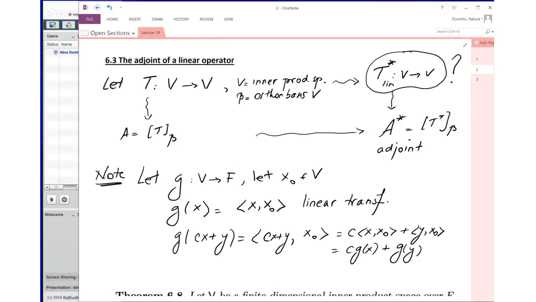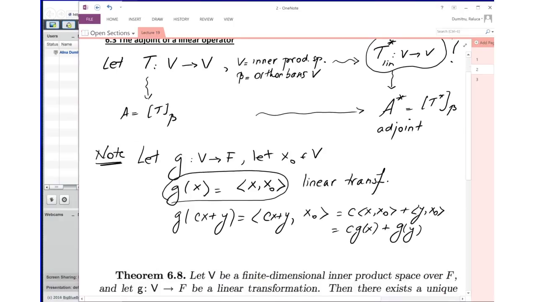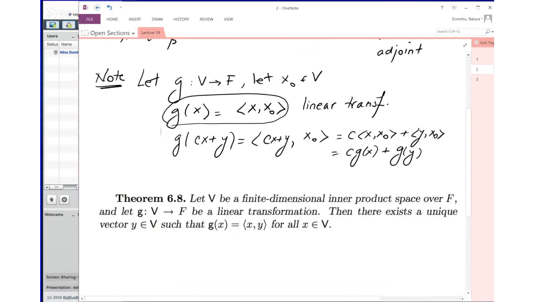Okay, so what have we seen? We've seen that this kind of transformation from V to F is linear. So what? Well, it turns out that any linear transformation from V to F has to look like that.